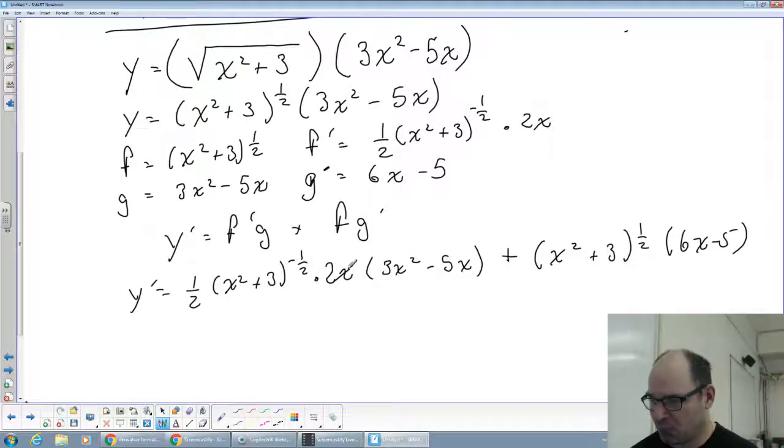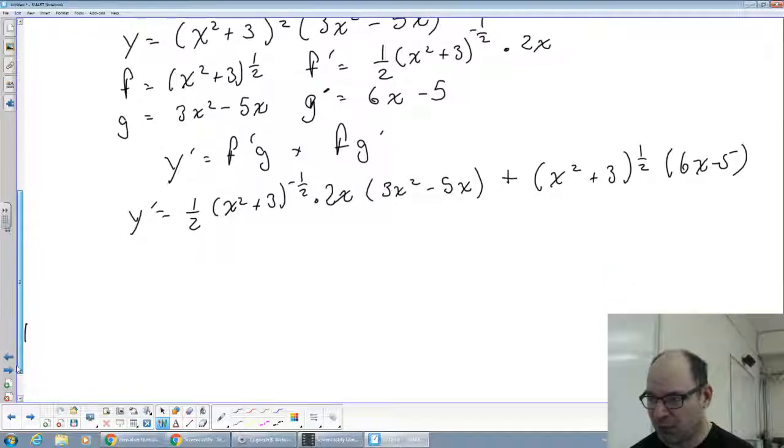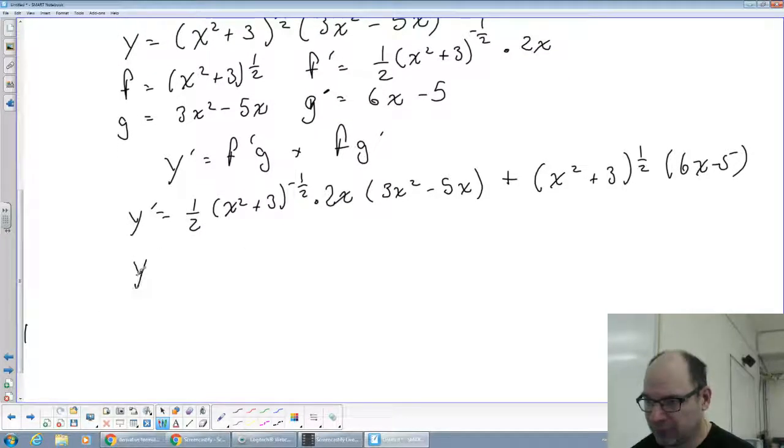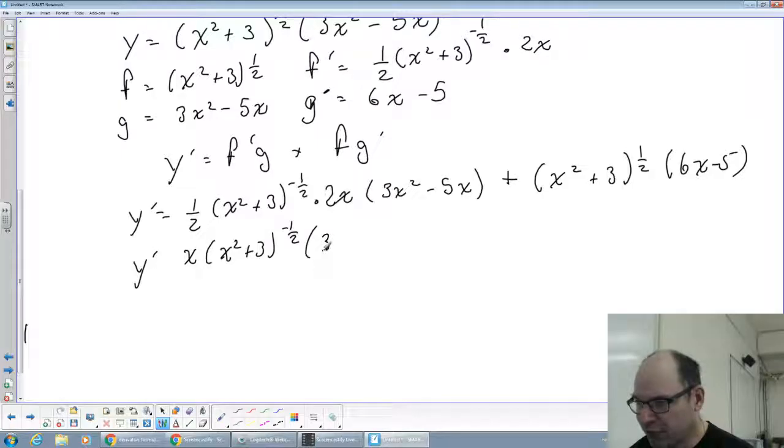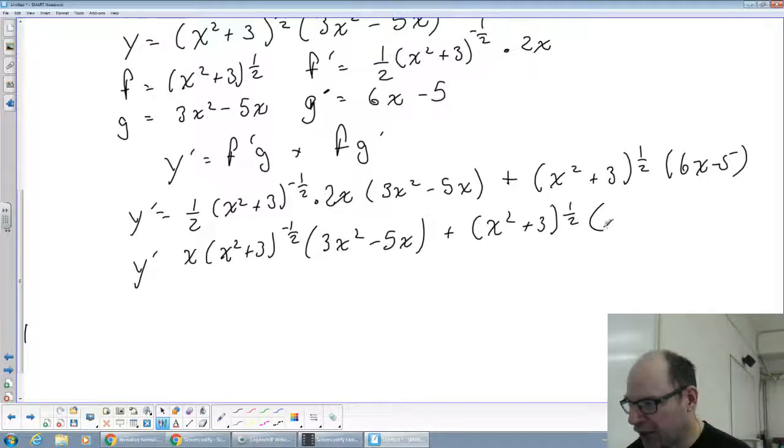Okay, and that's a pretty good place to stop. If you want, you could maybe bring the 2 out here and multiply it by the half so that you can reduce a little bit. So this would end up being x times x squared plus 3 to the power of negative 1/2 times 3x squared minus 5x plus x squared plus 3 to the power of 1/2, pardon me, times 6x minus 5.